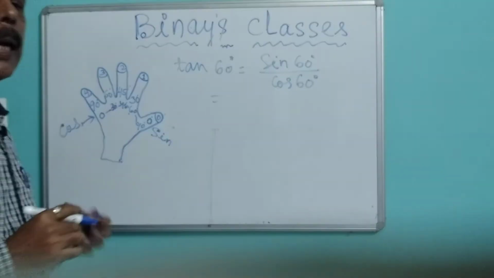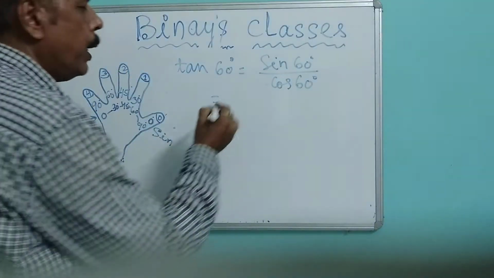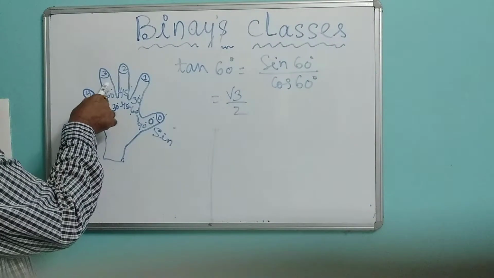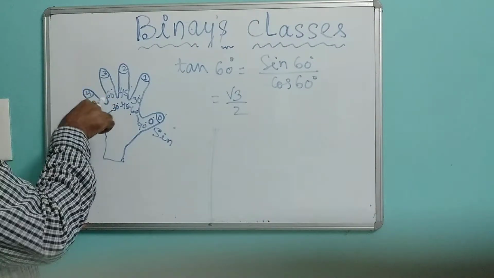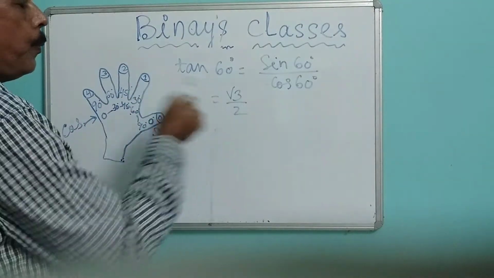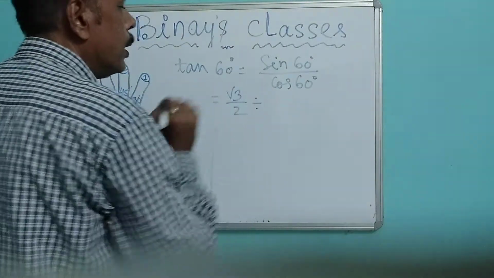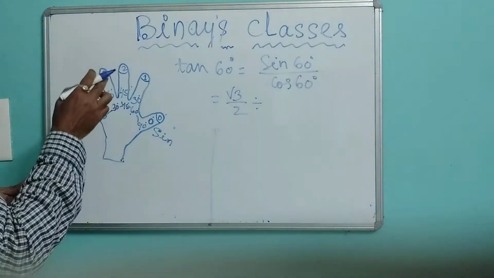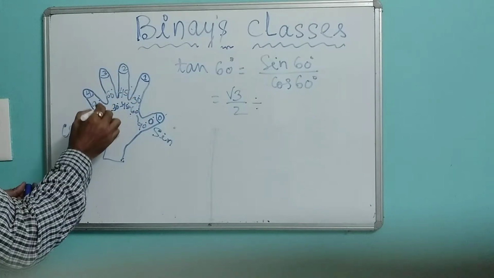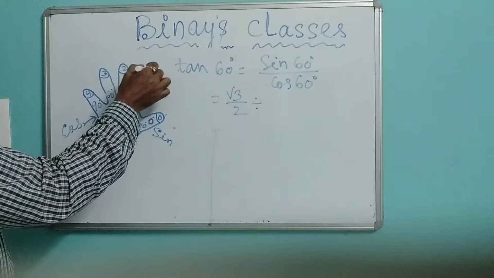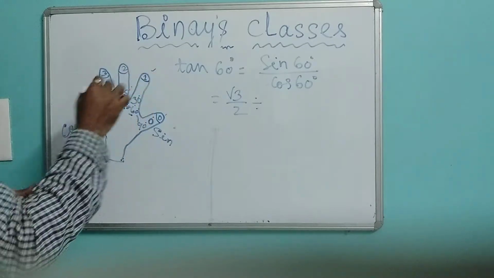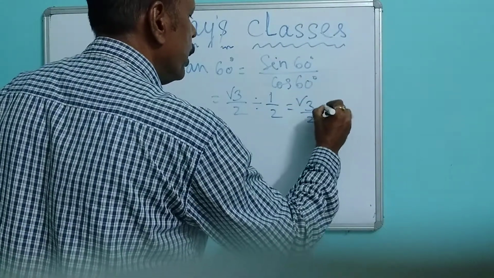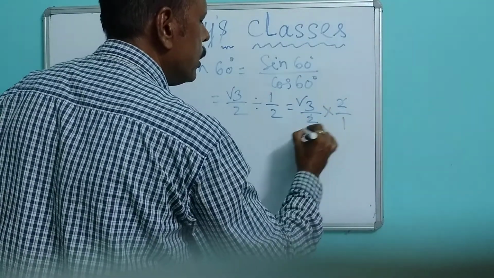As we have calculated, sin 60 degree equals root 3 by 2, or you may calculate it here: sin 60 degree, finger number 3, 3 by 4 root over, that is root 3 by 2, divided by cos 60 degree. Cos 60, finger number 1, 1 by 4 root over, that is 1 by 2. It will give you root 3 by 2 into 2 by 1, the 2 gets cut, equals root 3.